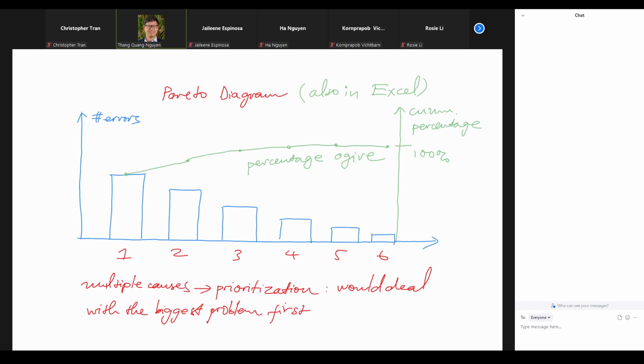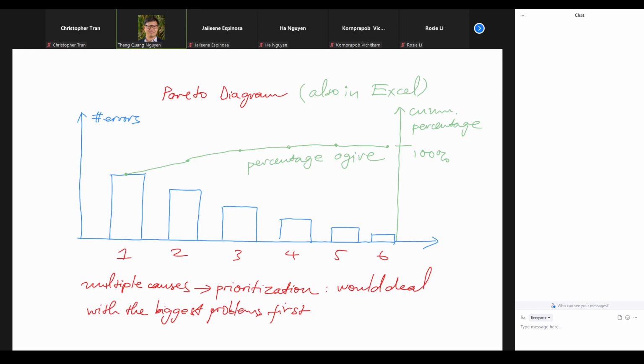So what does that mean by the biggest problems first, right? We look at the number 1, and then number 2, number 3, but it's a little bit subjective, right? Some managers would like to go 1, 2, 3. Some managers would like to go 1, 2, 3, 4.